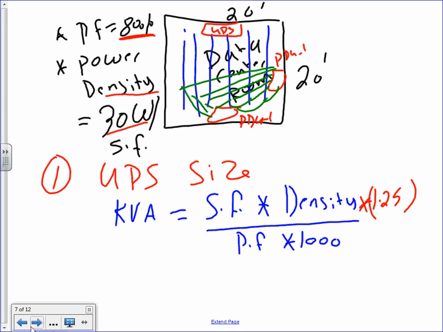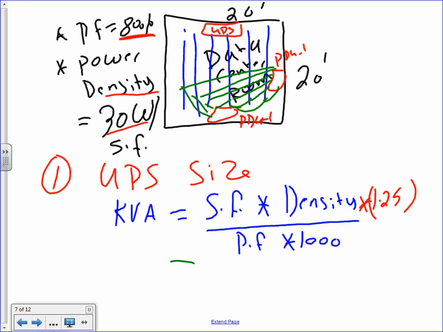That's how you get the size of your UPS. The square foot is 20 by 20. The density is the 30. The 1.25 is continuous load. Cool? When you guys are ready, let me start sizing.